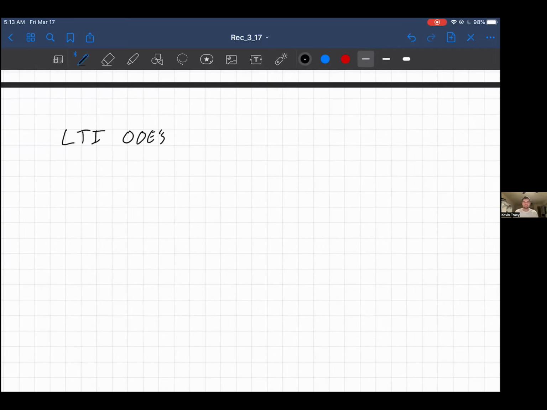LTI stands for linear time invariant ODEs, and I'm going to assume for now that I have no control usage. So all I'm thinking of now is that I have this x dot equals Ax. So I think there's a lot of confusion about this, and it is definitely a little confusing. So I'm trying to lay out when we use the matrix exponential, why we use it sometimes, and why we don't use it other times.